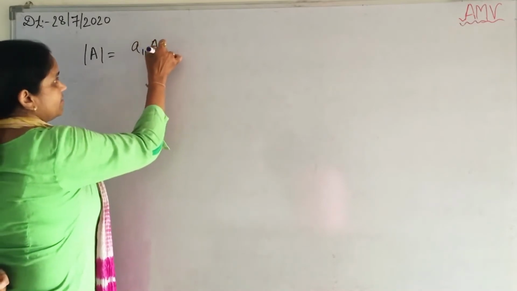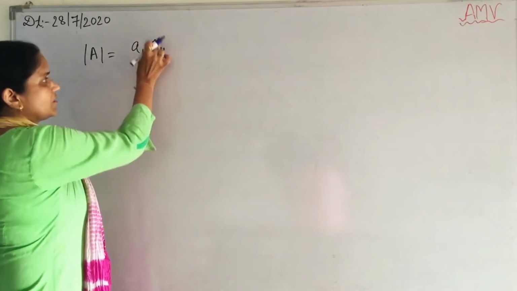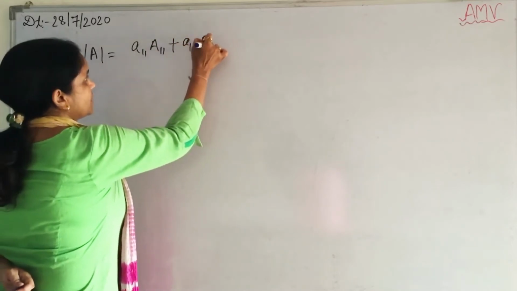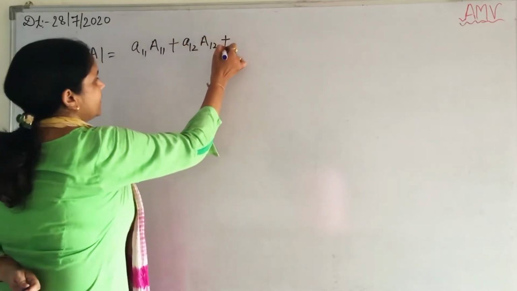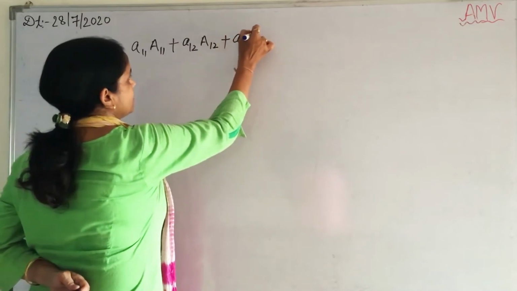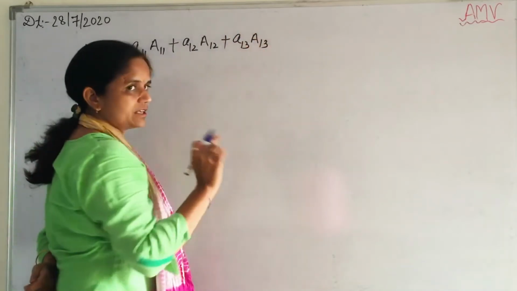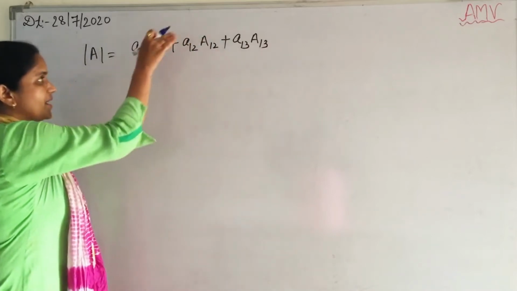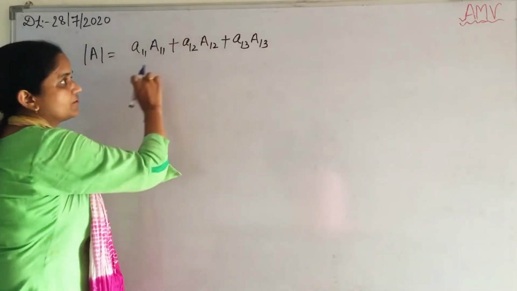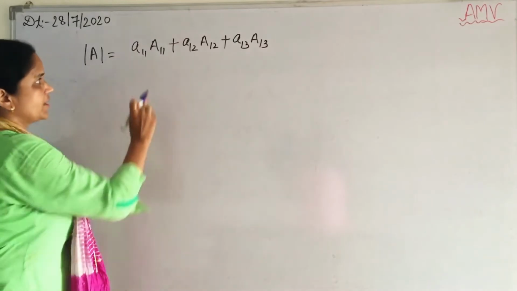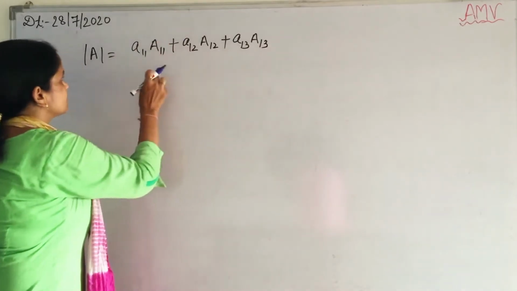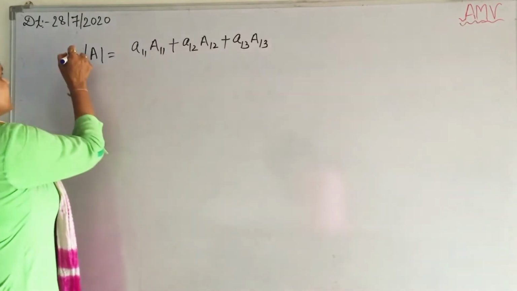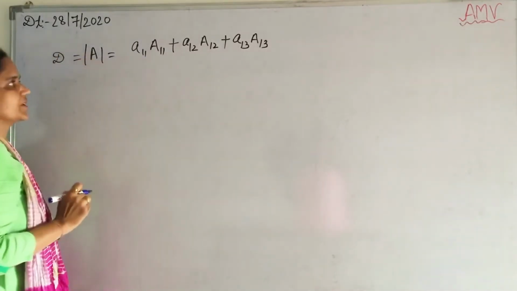Multiply with A11, the cofactor of this element, plus a12 multiplied with A12 and a13 multiplied with A13. It means the elements of the first row are multiplied with the cofactors of the same elements of the first row, and the sum of all these terms is equal to the value of the determinant. We can write it as D also, students.